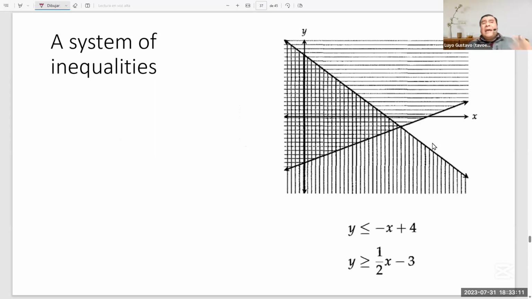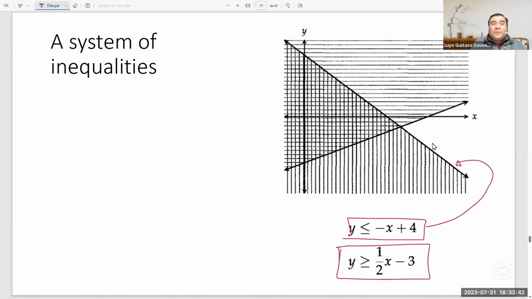So now, what happens when we have a system of two inequalities? Since each inequality represents a half plane, two inequalities together can be visualized as the intersection of two semi-planes. For example, this inequality, which you know follows after the equation y equals negative x. So we know that this one represents this line, while the other with a positive slope represents the ascending line, this one here.